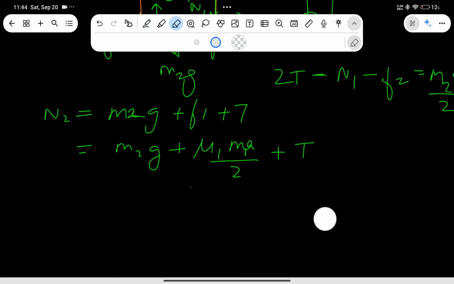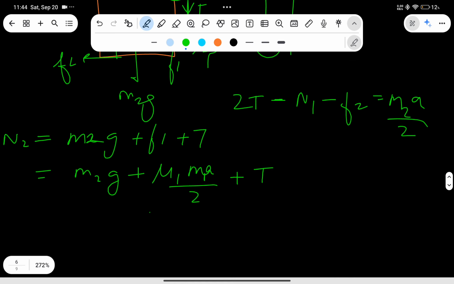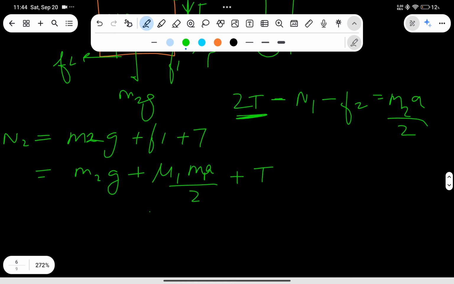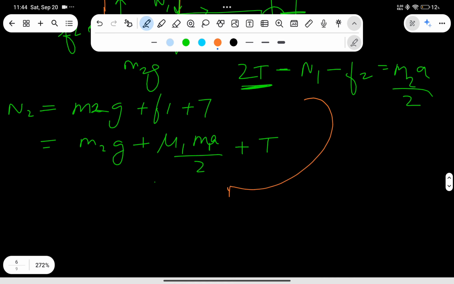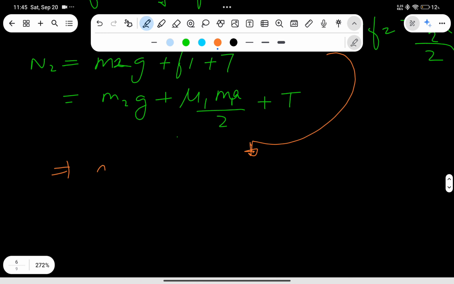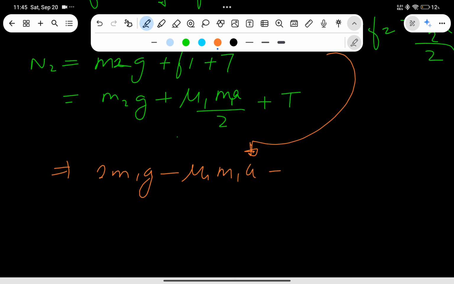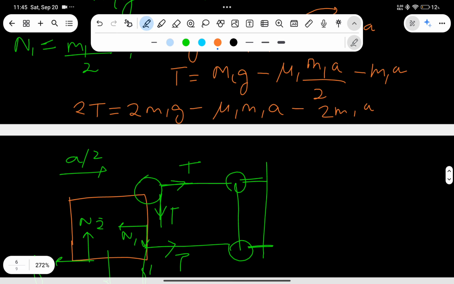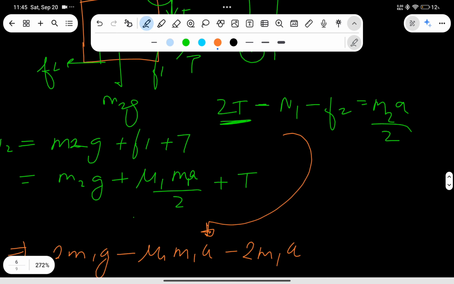So directly we are going to replace tension here. So 2t is equal to 2m1 into g minus mu1 m1a minus 2 mu m1a, so 2m1g minus mu1 m1a minus or plus or whatever, we'll see, 2m1a, right? Minus and plus, yes.